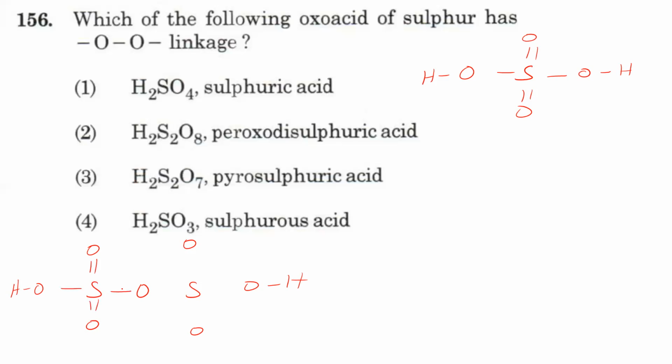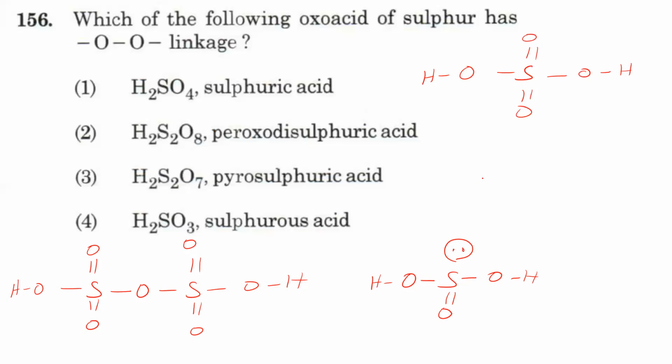So this is the pyrosulfuric acid formula. For sulfurous acid, the fourth option, sulfur has 3 oxygens and 2 hydrogens in the form of OH. Sulfur can make 6 bonds, but here 4 bonds are there, and the remaining is a lone pair.